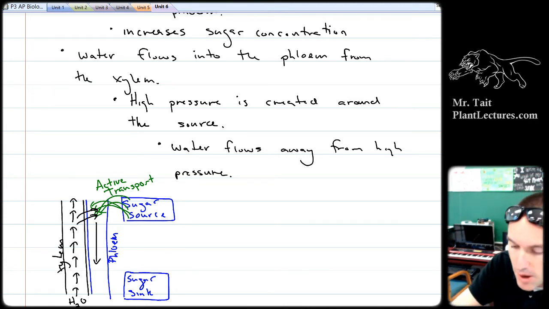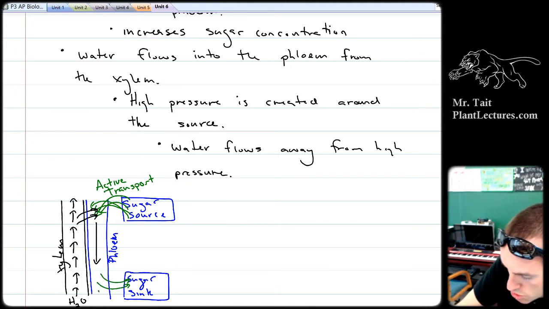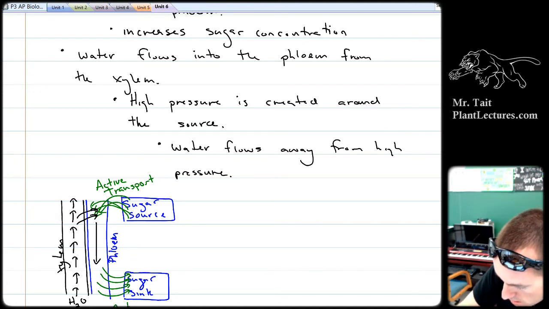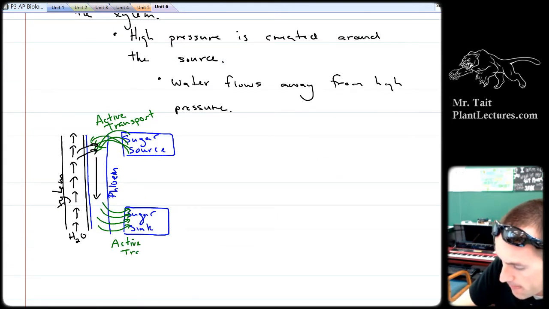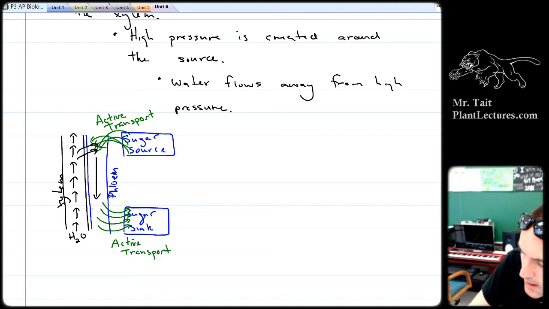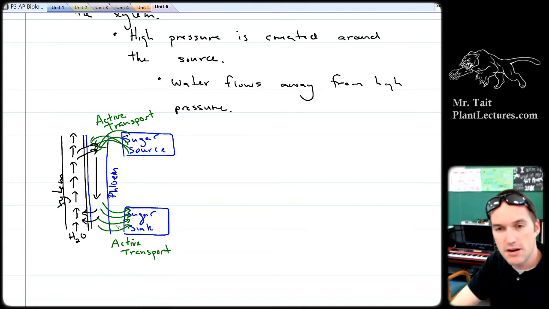Now when we get to the sugar sink, it actively transports sugars out, which causes the water from the phloem to go back into the xylem, which then creates an area of low pressure next to the sugar sink, which then causes water to flow towards it.